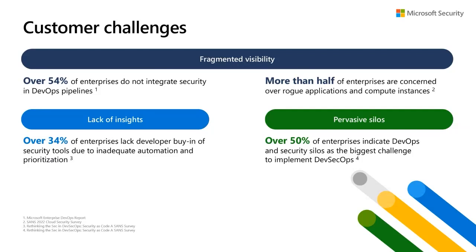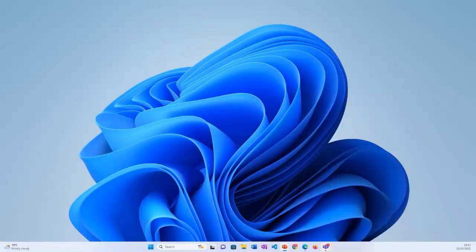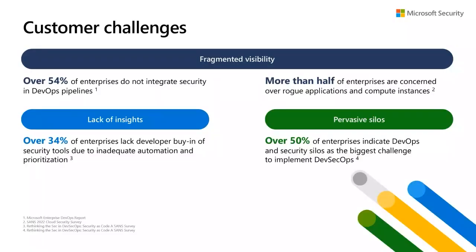Developers are building and deploying code into production, yet the security team has no visibility on what vulnerabilities and misconfigurations may exist within this code. Additionally, more than half of enterprises are concerned over rogue applications and compute instances.